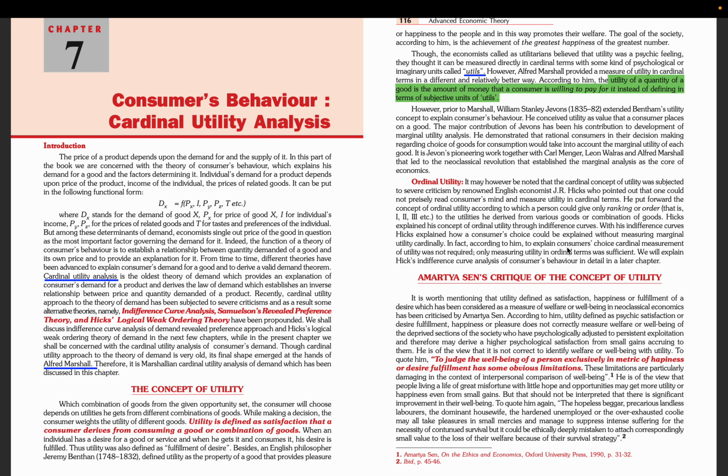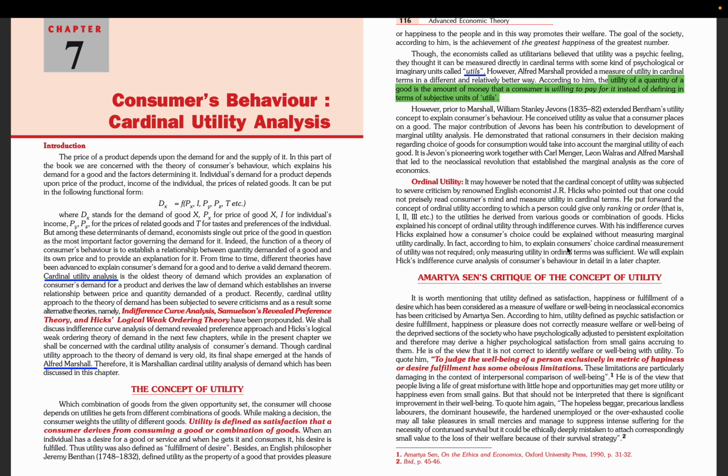He demonstrated that rational consumers in their decision making regarding choice of goods for consumption would take into account the marginal utility of each good. It is Jevons' pioneering work, along with Karl Menger, Leon Walras, and Alfred Marshall, that led to the neoclassical revolution that established the marginal analysis as the core of economics. Ordinal utility.